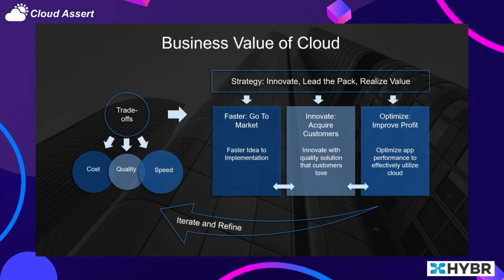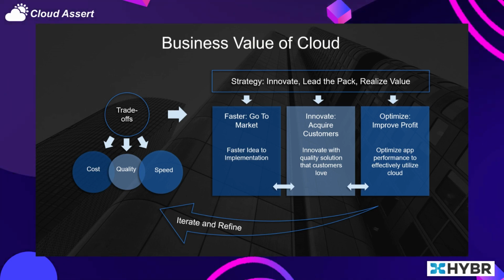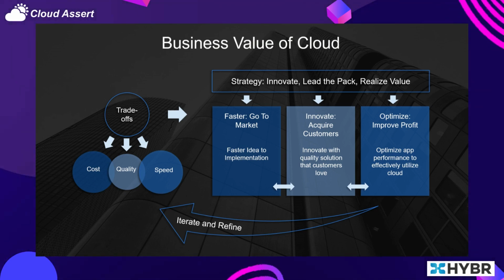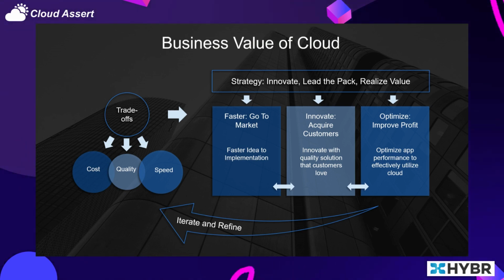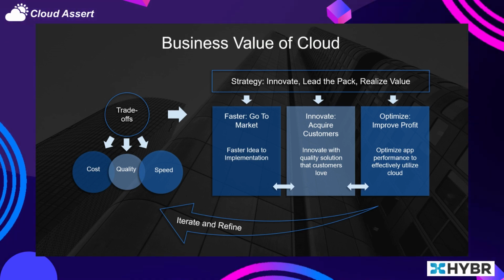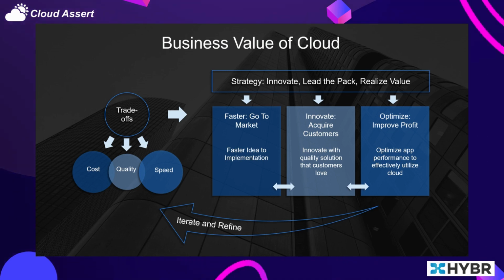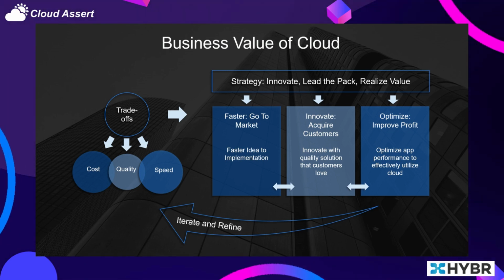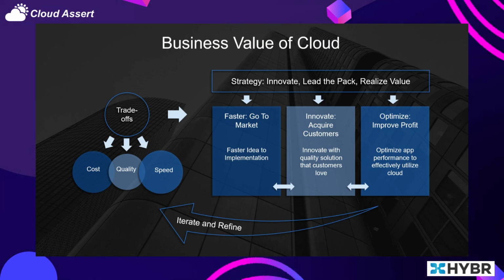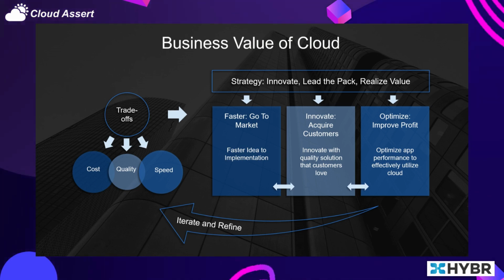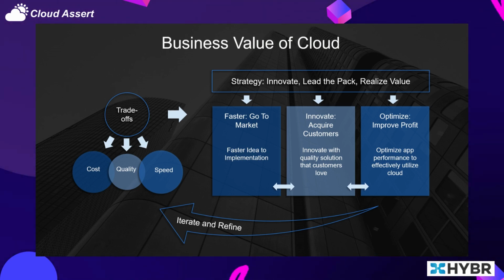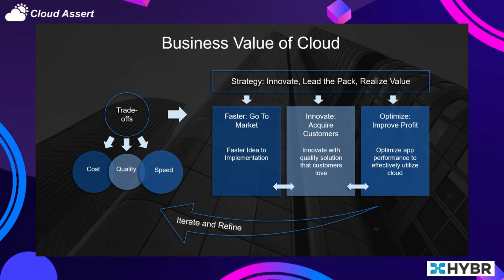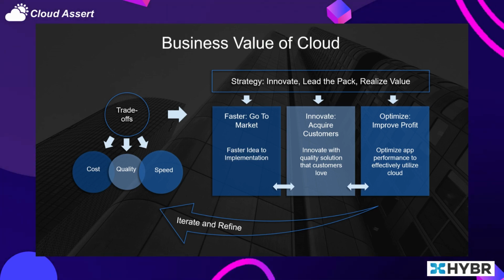And once you have enough customers onboarded, now you are going to realize, hey, even though I have a lot of customers, am I making profit? I went to the market faster. I shipped a lot of innovative features to the customers, and I got a good enough number of customers. Am I running this business in an optimal way? Am I spending on the cloud in an optimal way?